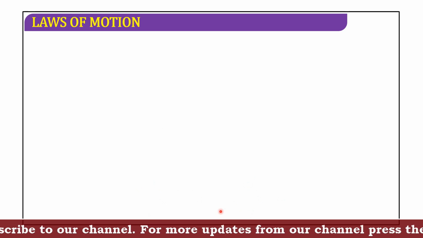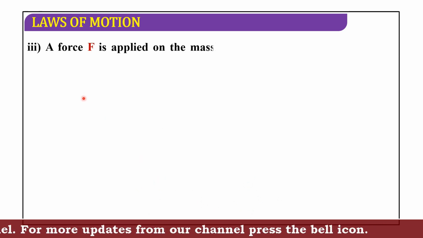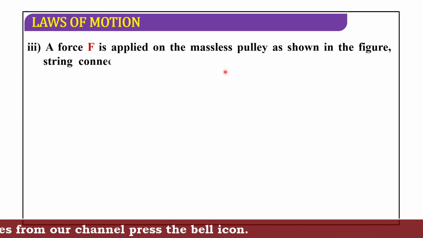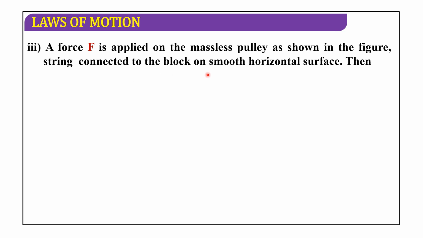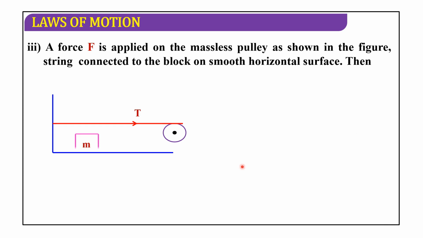So, now a force F is applied on the massless pulley as shown in the figure. String connected to the block on a smooth horizontal surface. Observe this figure here.